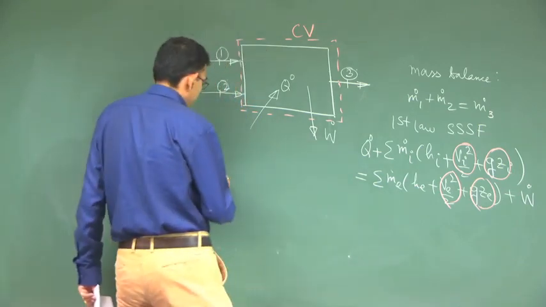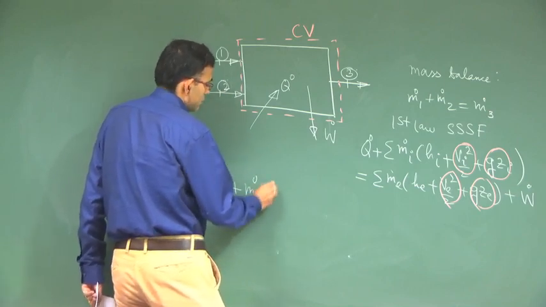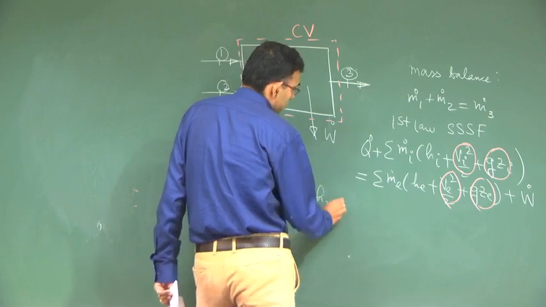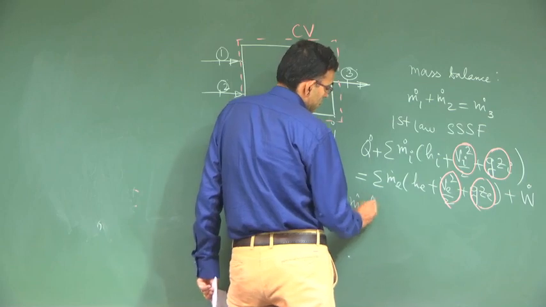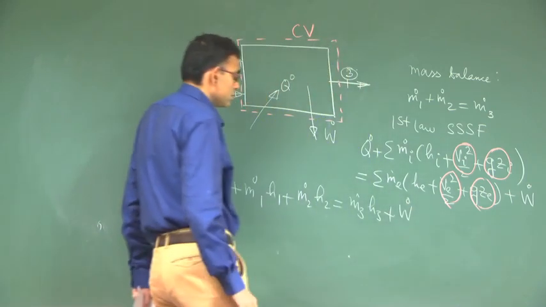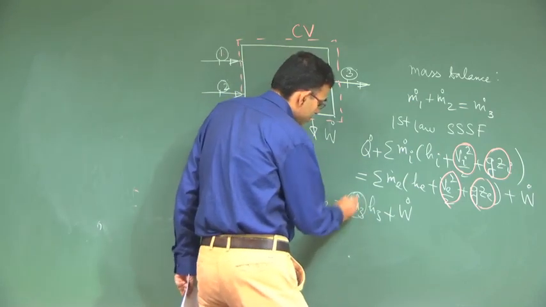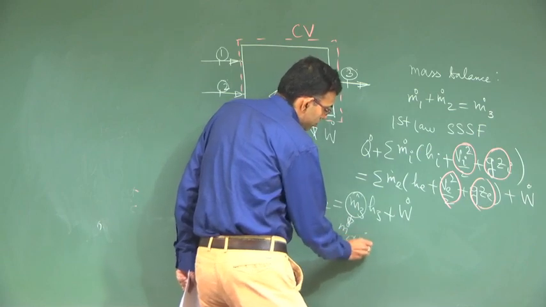So, you can write q dot, and m dot 3 you can write m dot 1 plus m dot 2.